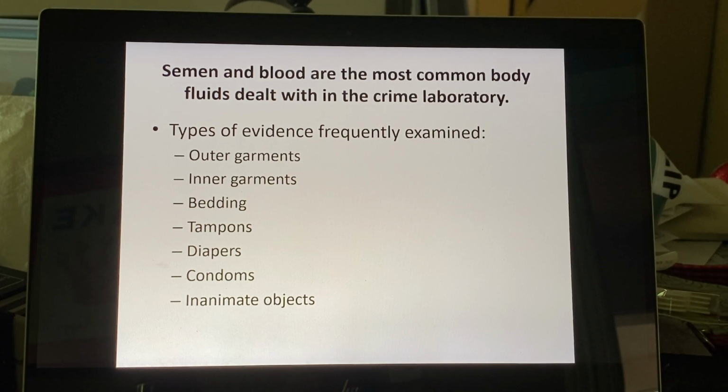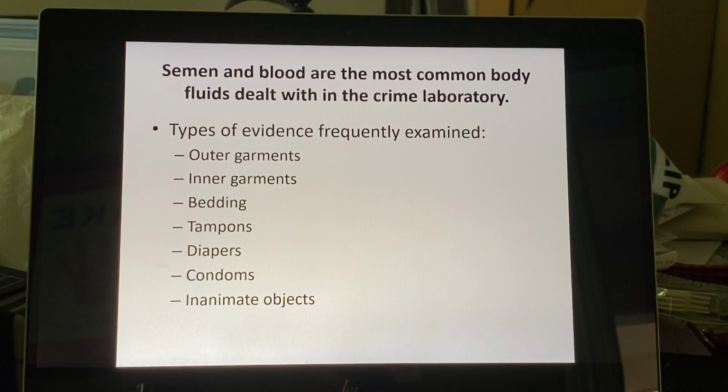That's a very common evidence type to examine. But also inner garments such as underwear. If ejaculation happens in the vagina or in the rectum, and the victim is alive and then they stand up and walk around, it's very common to see drainage of that semen onto the crotch of the underwear. So we look at that a lot too.